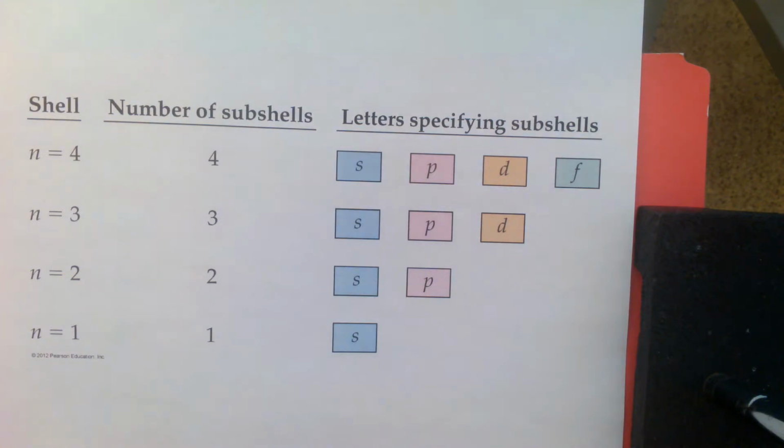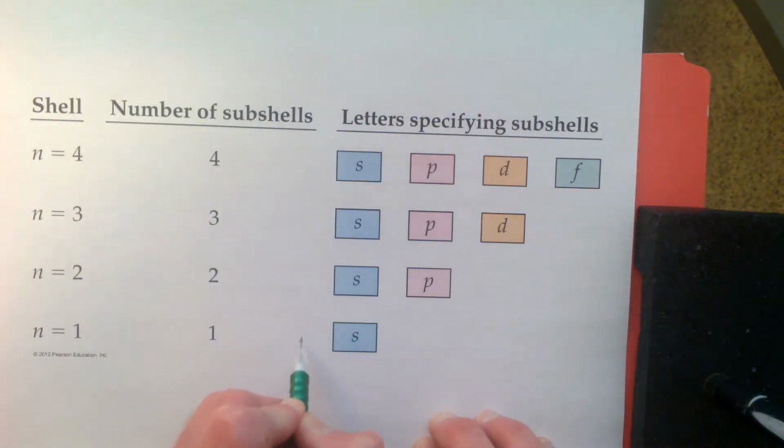When we look at an element and start to arrange those electrons, we find that as we move further away from the nucleus, on the first shell, or the first energy level, we only find an s orbital, and that s orbital would house 2 electrons.